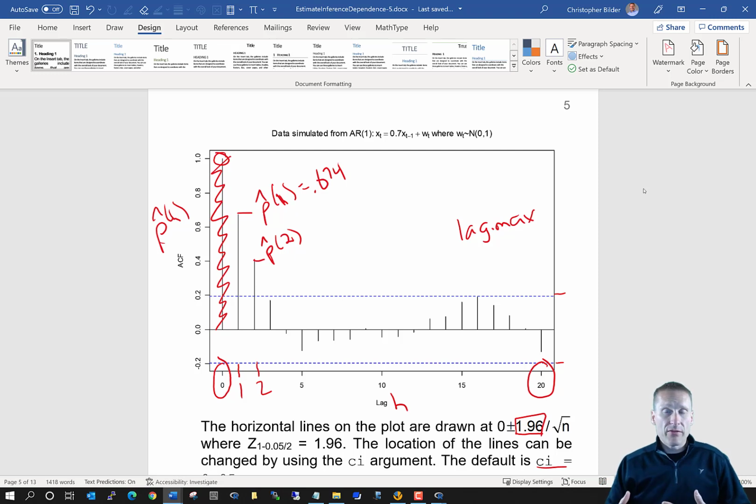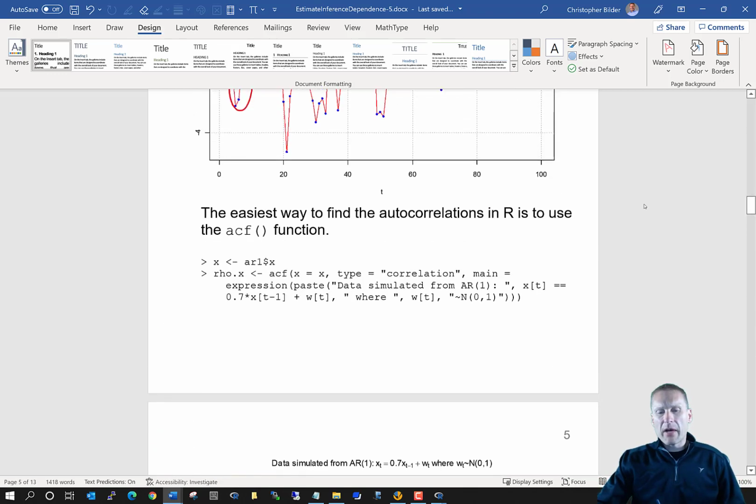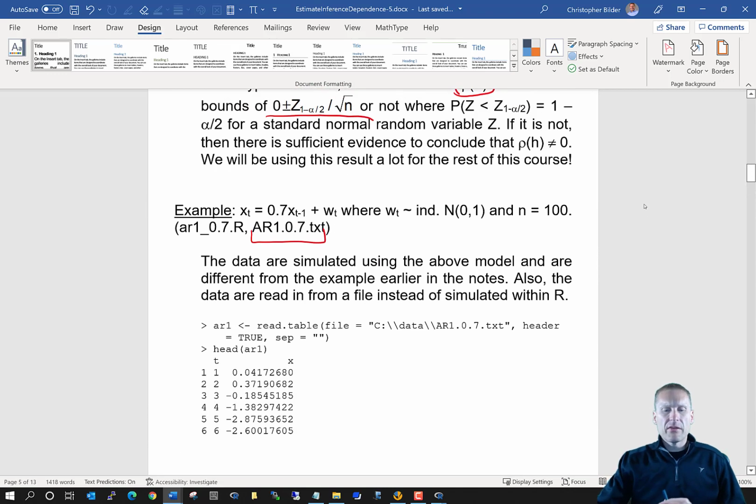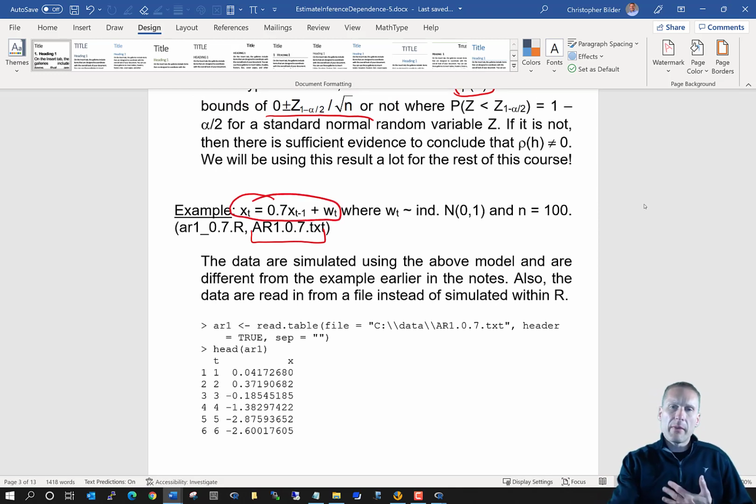So we don't have sufficient evidence to indicate that these autocorrelations are different from 0. Well, why? Well, let's just think about this in terms of our model here. So again, this is data simulated from an AR1. This is what the model looks like. And so, it makes sense for lag 1 for there to be some strong or large positive autocorrelation.